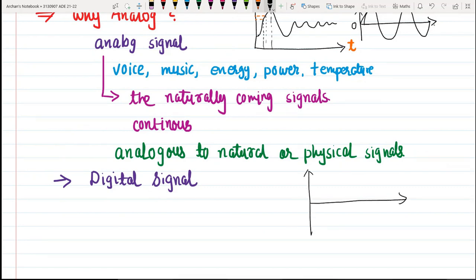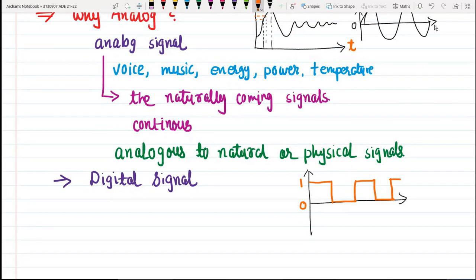So we will have some fixed value for a certain amount of time like this, okay? Suppose this is my 0 value and this is 1 value, then for a certain amount of time I will have this signal constant, then it reduces to 0, then again it increases to 1, this reduces to 0, this increases to 1.